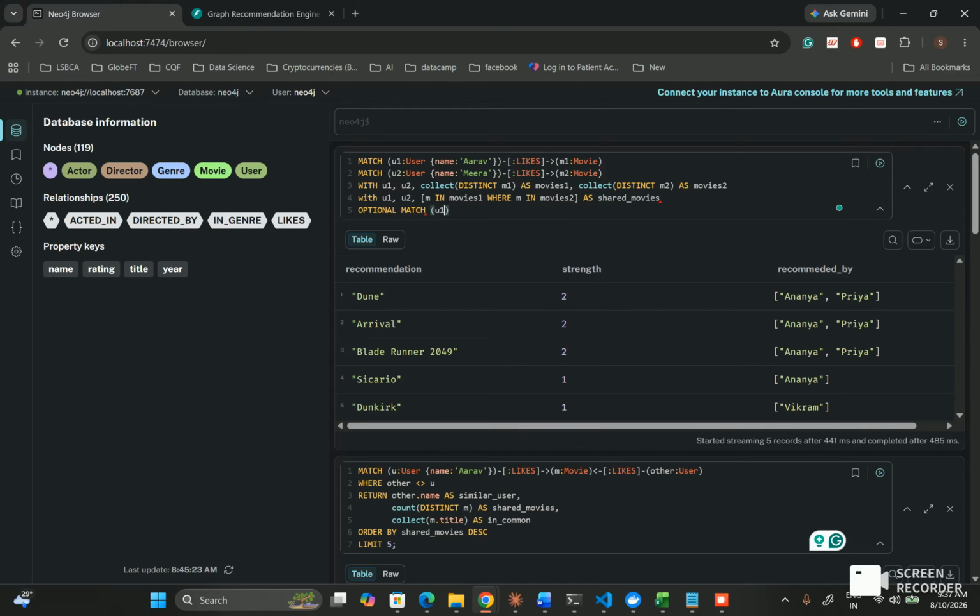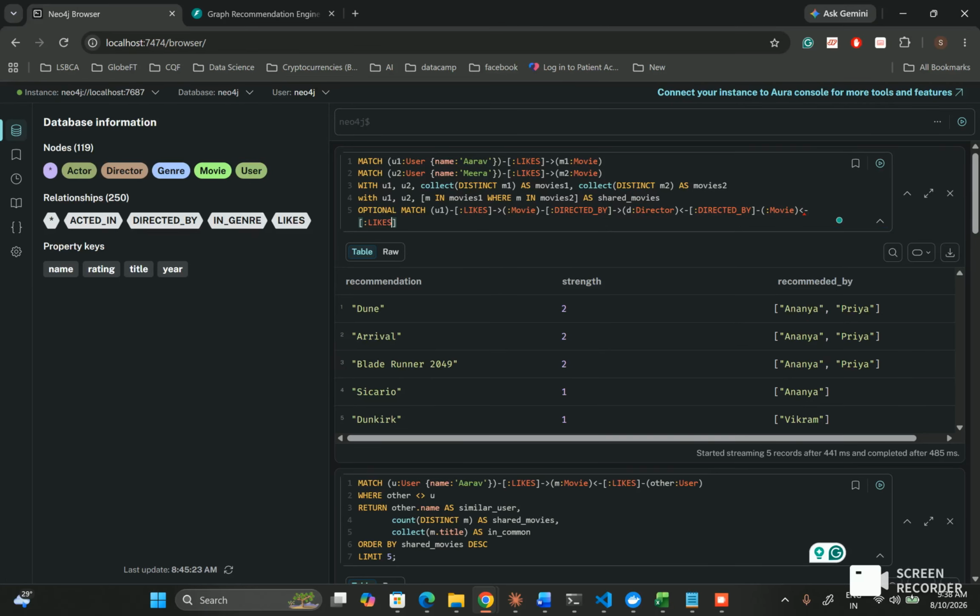Match u1 likes movie, directed by D director, directed by movie, likes.